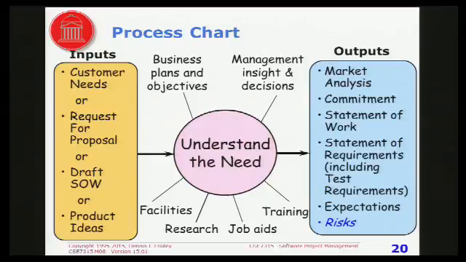Sometimes all you have is the customer's ideas, and they want you to propose something. Whatever it is you have, that's your input. And your job is to figure out something a little more specific. For example, you take a draft statement of work and produce a more final statement of work. You take all that you know and produce at least a high-level statement of the requirements.